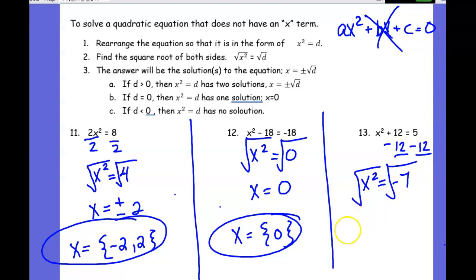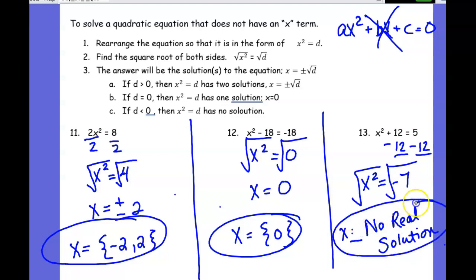So we're going to say that x is no real number, or no real solution. There is something called an imaginary solution, but we'll talk about imaginary numbers in Algebra 2. So it's no real solution. If we actually graphed it, it might look something like this, where it's never touching the x-axis. That's when we have no solution.